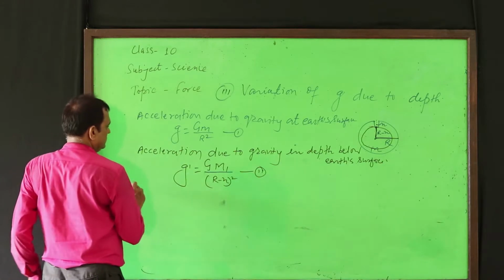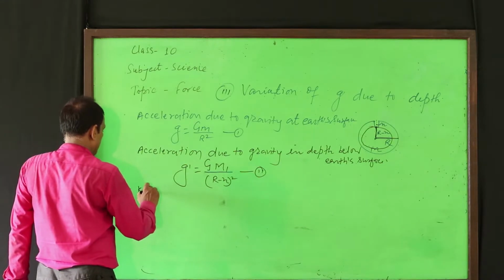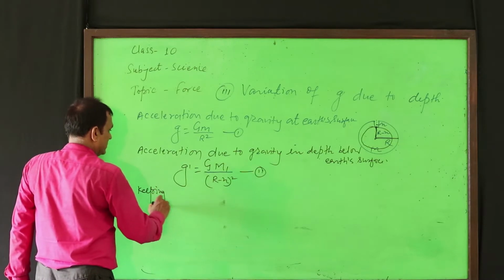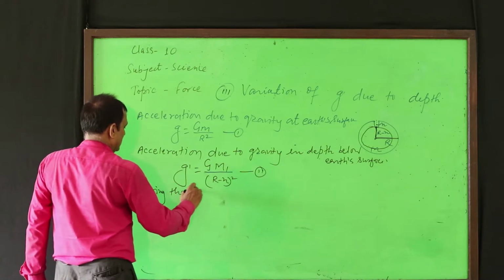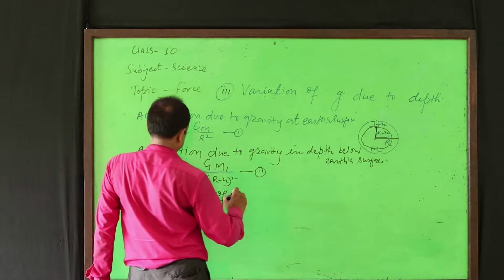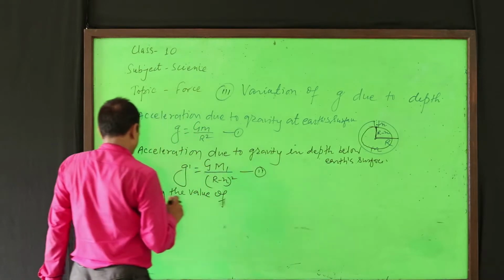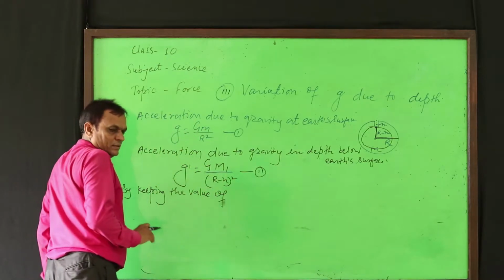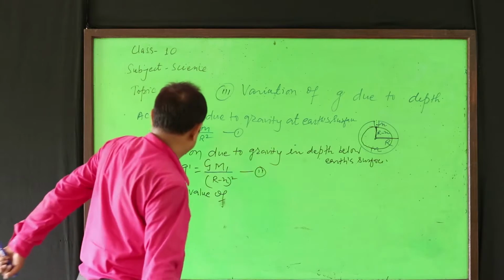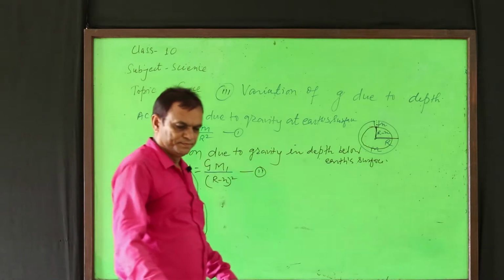Now, by dividing the second equation by the first equation, we can write in this way.